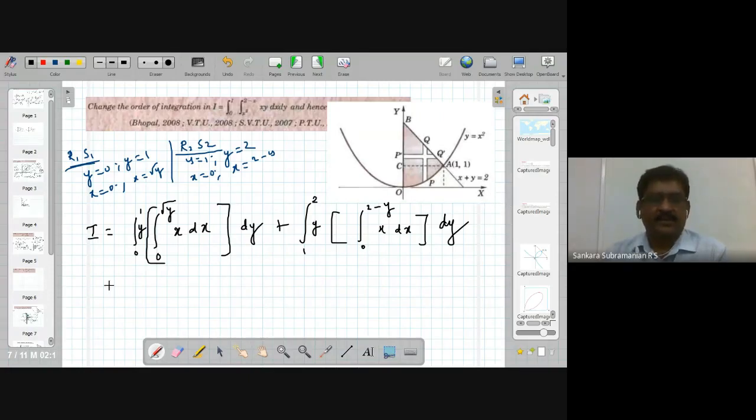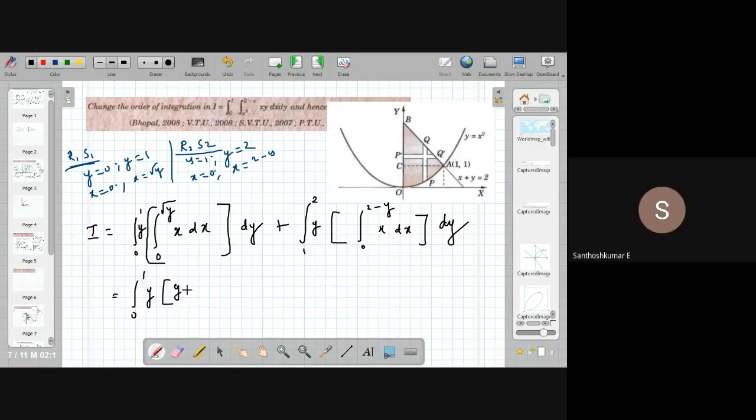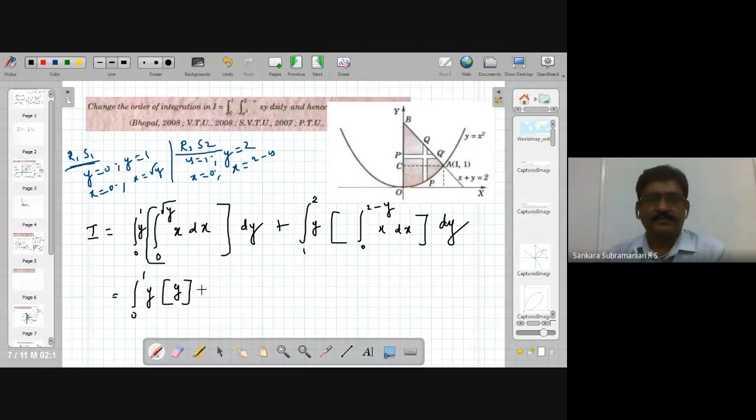Okay. What about this? This is a simple evaluation part, right? y will be there. This is x square by 2, upper limit minus lower limit, upper y limit minus 0. And here come 1 to 2. y is there, x square by 2.